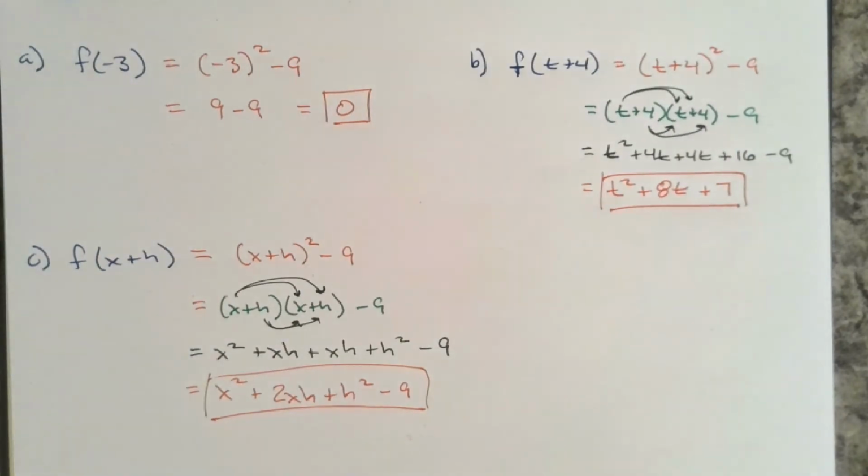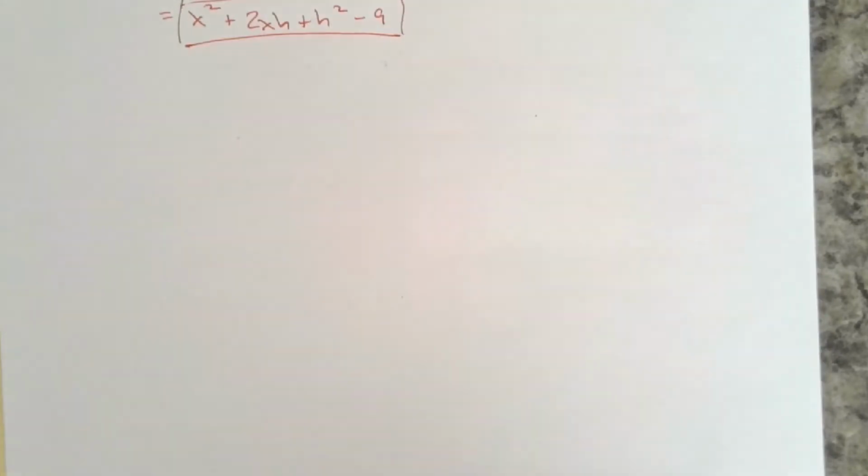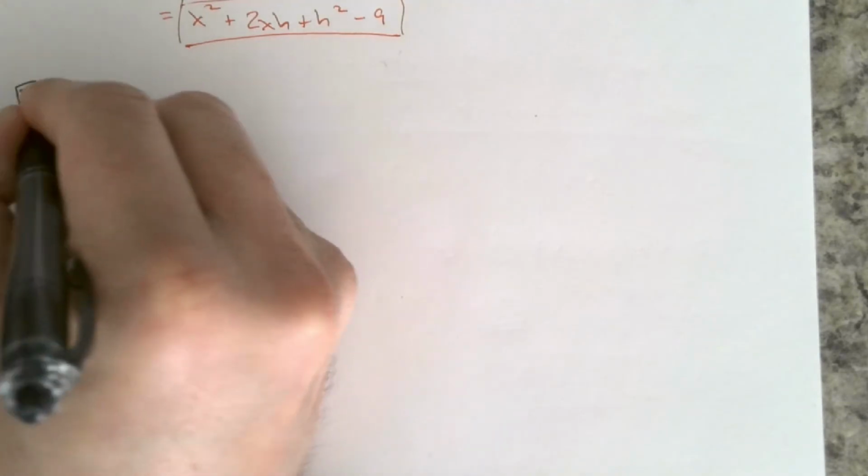And we're going to look at just a couple more just to make sure we got this down. Again, you might want to try this on your own first before we go through it together. So you might want to pause the video.